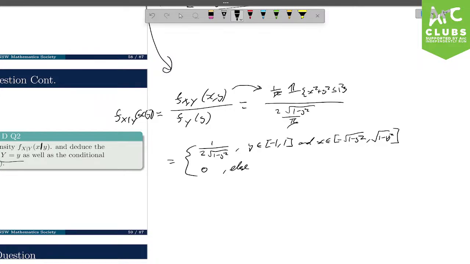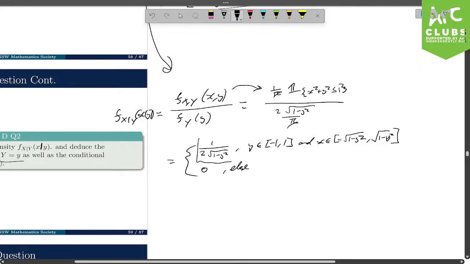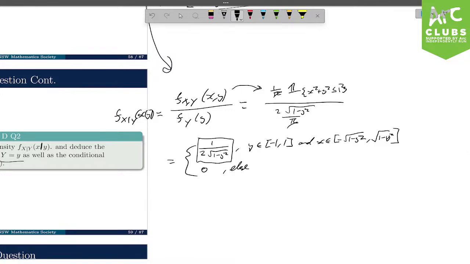Now, this would be the endpoints of our function. But really, this is x given y. It's not with respect to y, it's with respect to x now. And so since y is just a constant term when we're considering x, this is a uniform distribution.